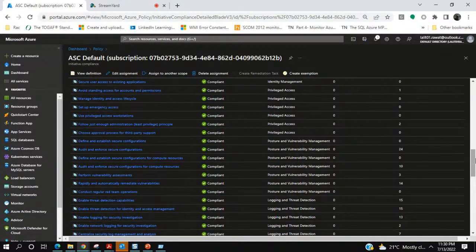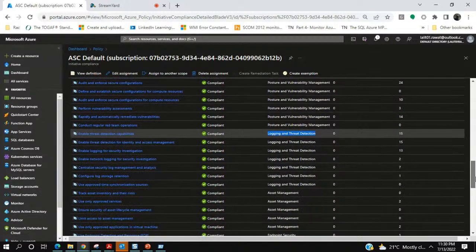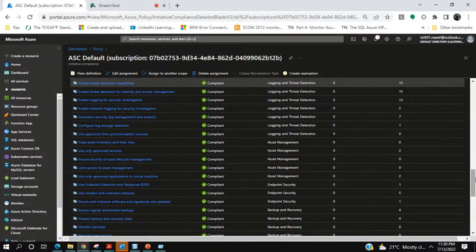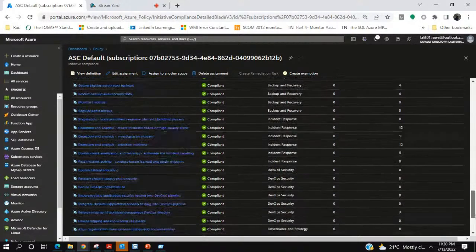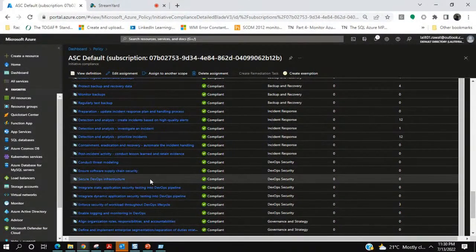It does not cover just a single area; it also provides vulnerability management and assessments, and if your VMs are not patched, it will give you an alert. It also covers logging and threat analysis, asset management, access management, and how you're going to secure your DevOps infrastructure.